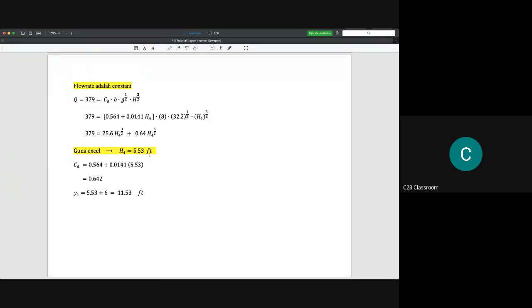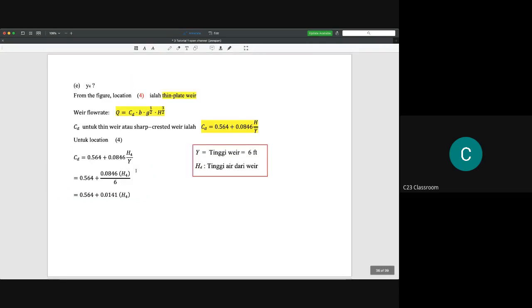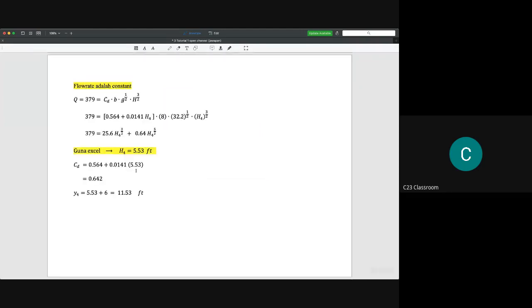Then again we substitute the value into CD, because in CD we left some equation for Y. Then we could get the CD here as 0.642, and Y is the total, meaning the height of water above the weir plus the height of the weir, which is 6. So it is 11.53 feet.